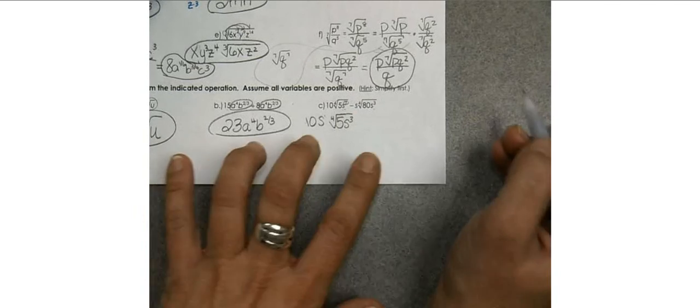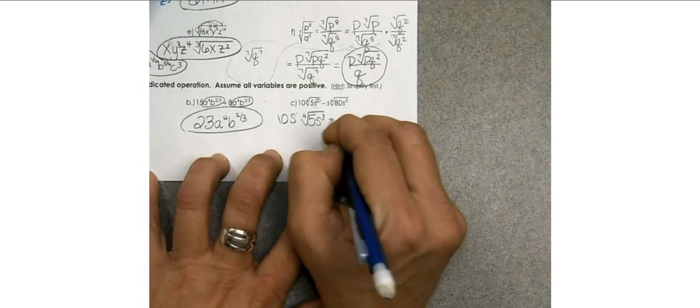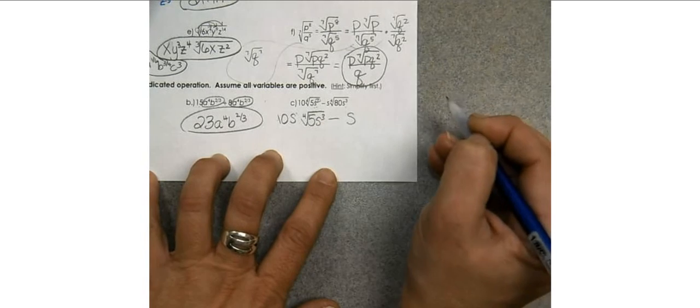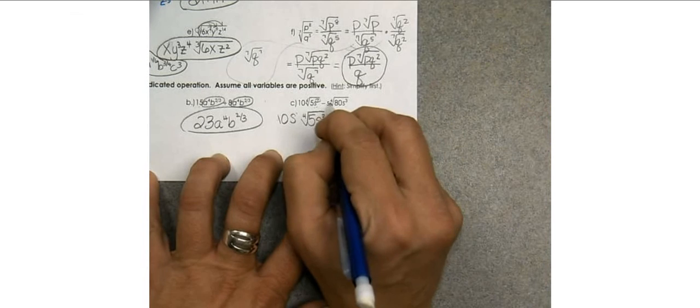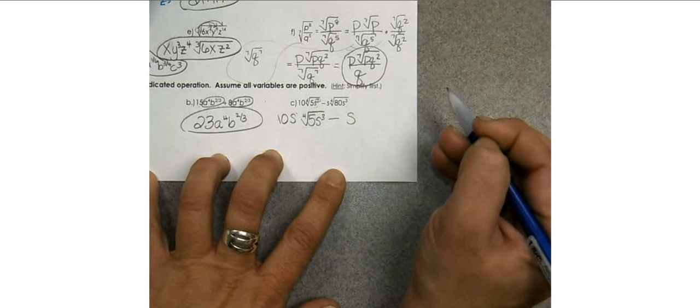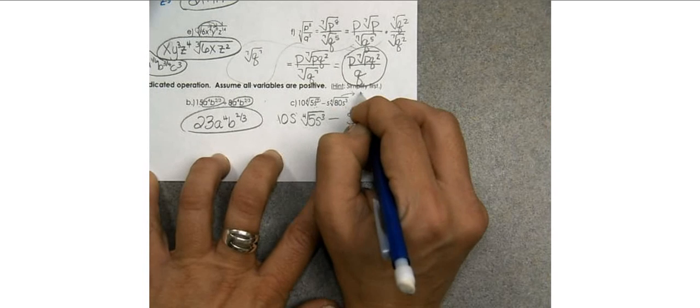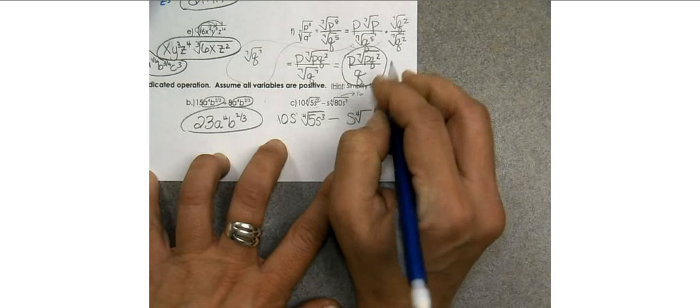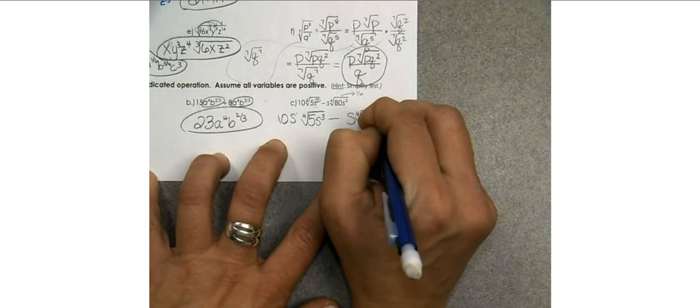Okay, so now let's try that over here. I'm going to leave the s on the outside, but then I'm going to try to take the fourth root of 80, s cubed. Now when I think about fourth roots, 16, we saw earlier, goes into 80. So I can think about breaking that down into 16 times 5.